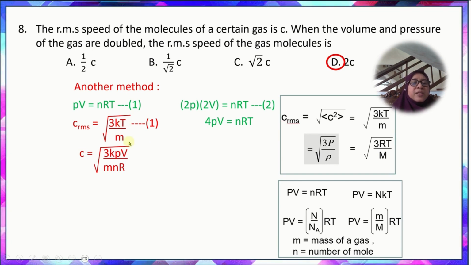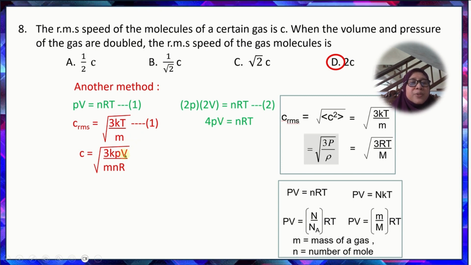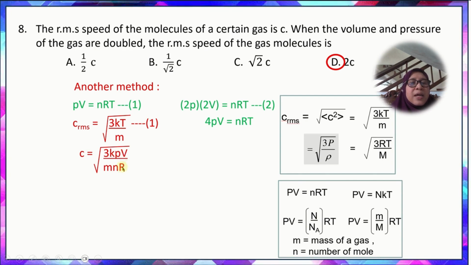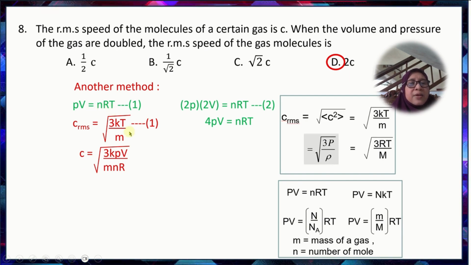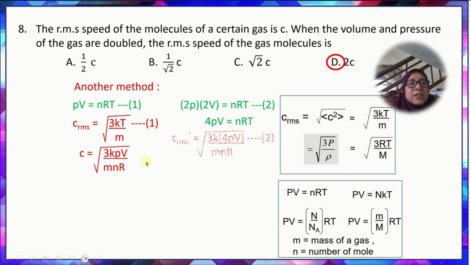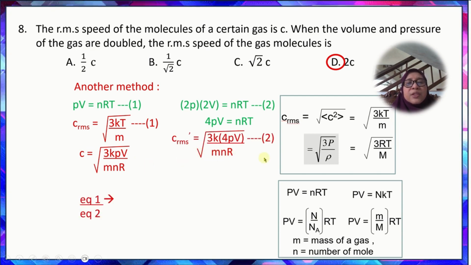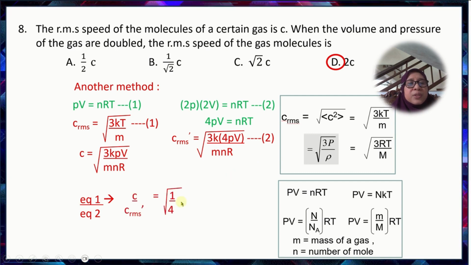The T is PV over nR, since PV equals nRT. So we substitute into T here. Now, from equation 1 and equation 2, we use ratio.